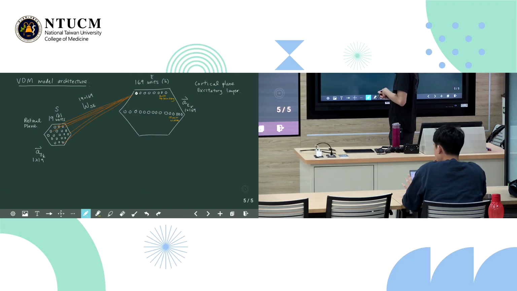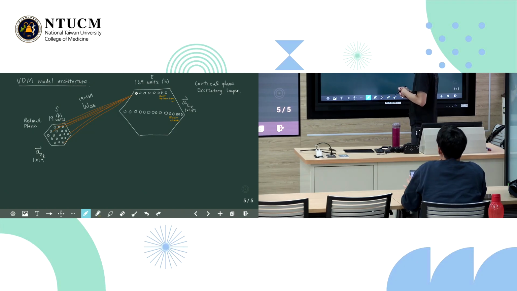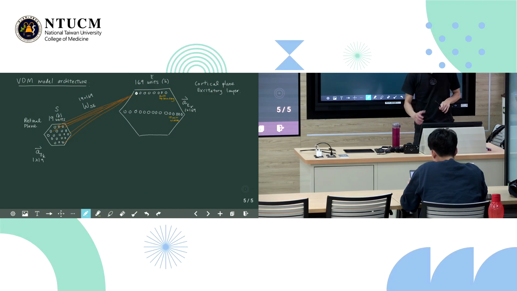So every unit in the excitatory cortical plane layer will take input from the 19 units of the stimuli retinal layer, resulting in, because it's fully connected in that sense, a 19 by 169 array of weights.